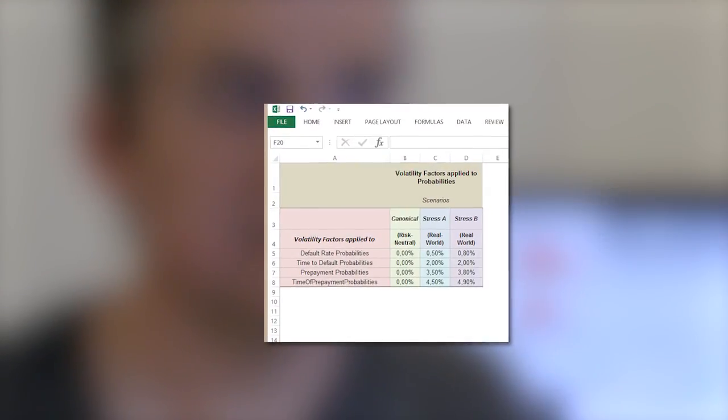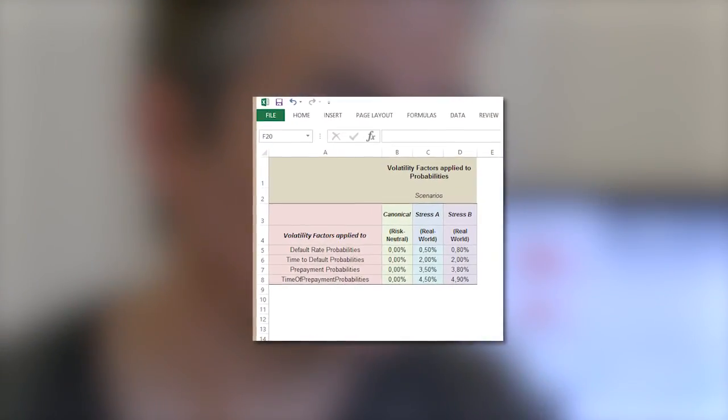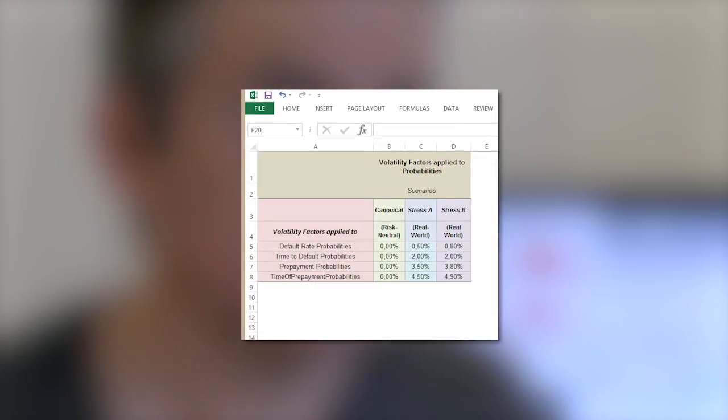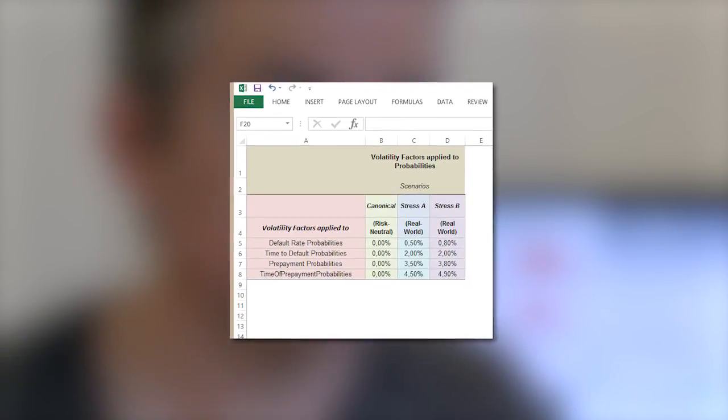We call them stress normal, stress medium, and stress extreme. And basically we see not only the results out of it, but the delta between the scenarios. In the results, we can visually see the performance of our portfolios.